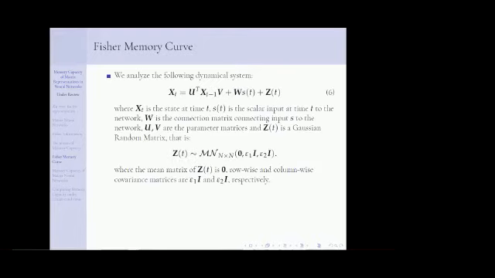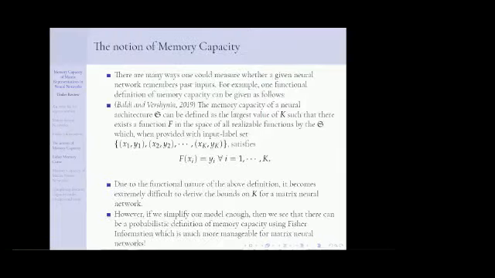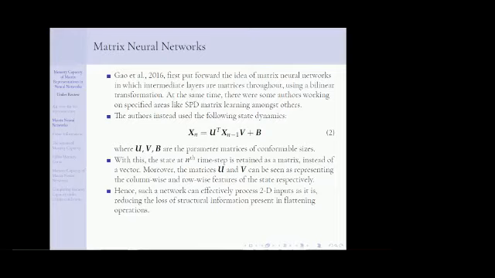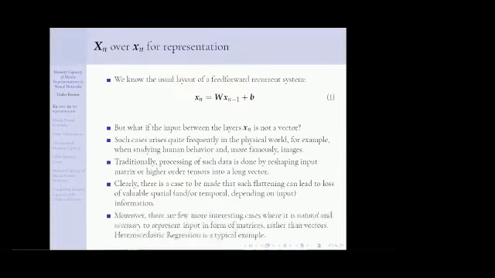Let me now introduce what exact dynamical system we will study. In equation 2, long back, we said that we will prove whether equation 2 has better memory capacity than equation 1.